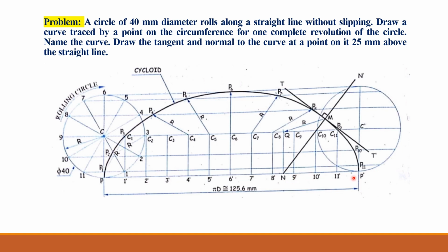So we have to measure 25 mm distance from this point P dash towards upside, or from this point P towards upside on this vertical axis. So we can take anywhere, I mean, one of both the sides.